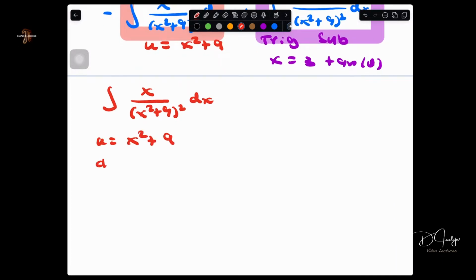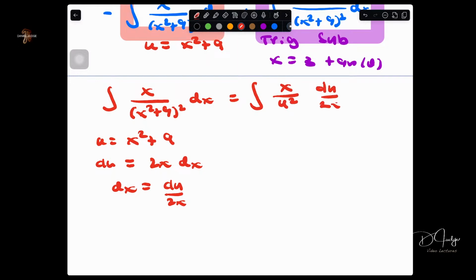u is x squared plus 9, du is 2x dx, so dx is du over 2x. So this becomes x over u squared times du over 2x, which is 1/2 the integral of u to the minus 2 du.